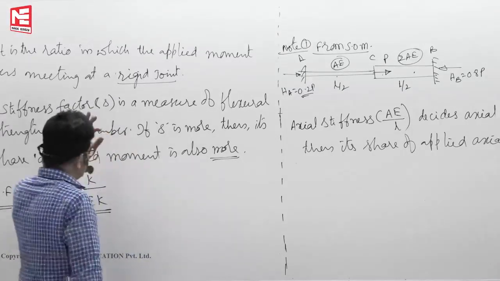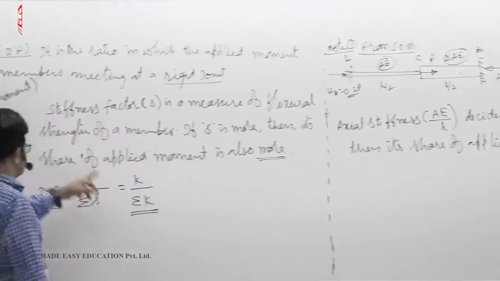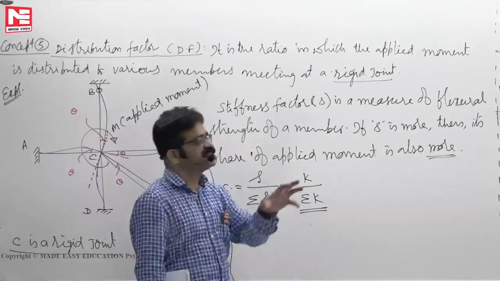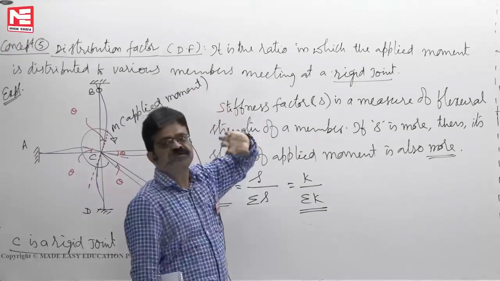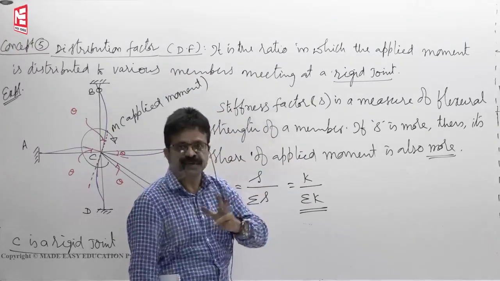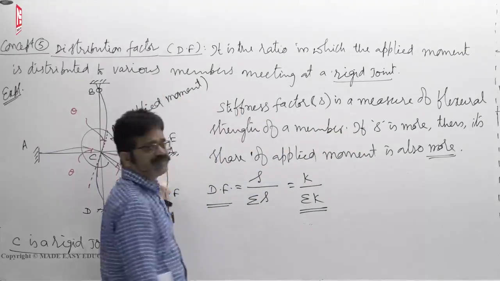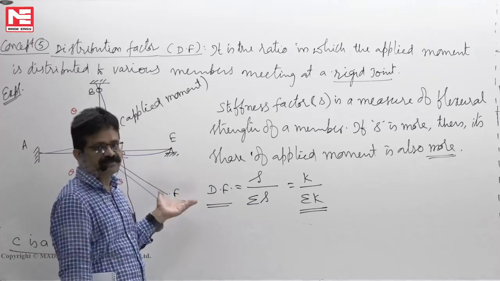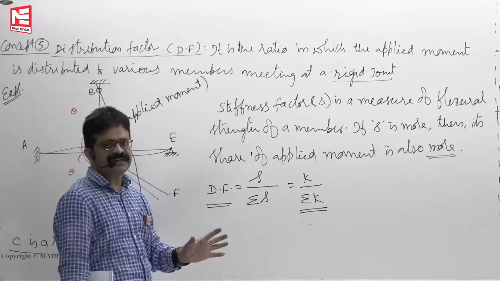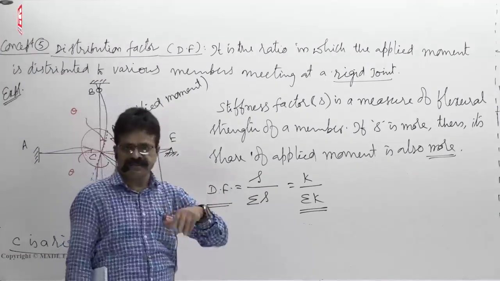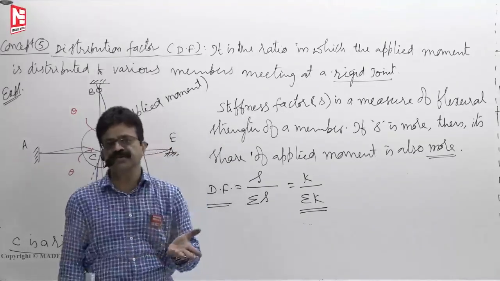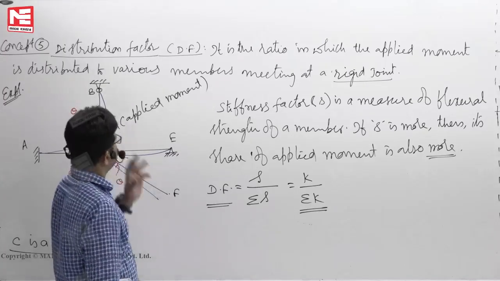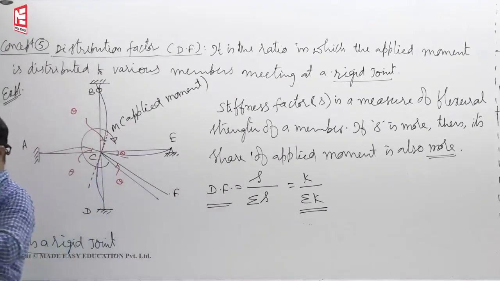So in those stiffness ratios, they will share the applied moment. That's the reason why distribution factors are defined: in what ratio your moment gets distributed. There may be two members, here five members, or it can be four or three members, whatever. The stiffness factor tells you in what way it should get distributed. So this is the distribution factor.